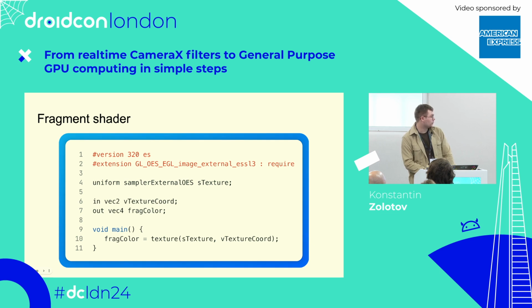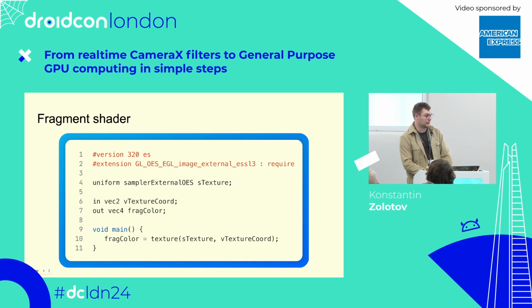And there is the output fragment color. Basically, there is a requirement for the fragment shader to provide an output color. There may be more outputs, but if there is only one output, it is treated as a color because it is the default one. And then goes the main program, which is executed for every pixel.